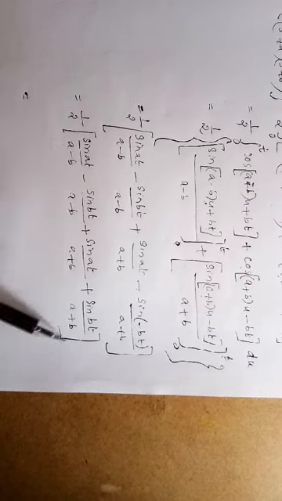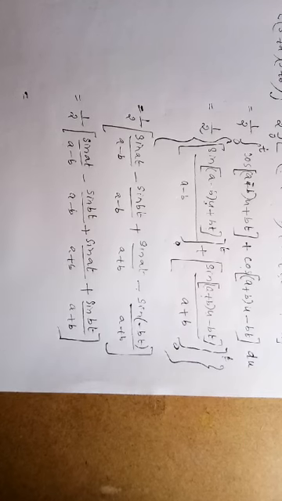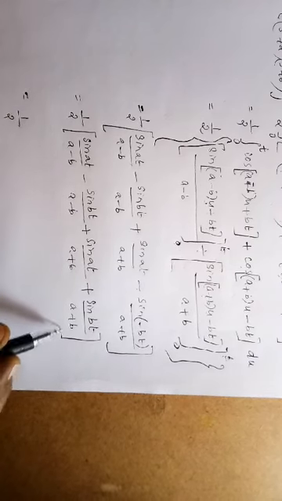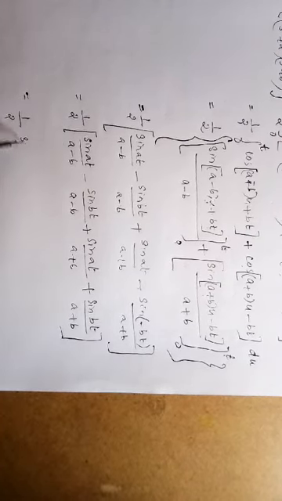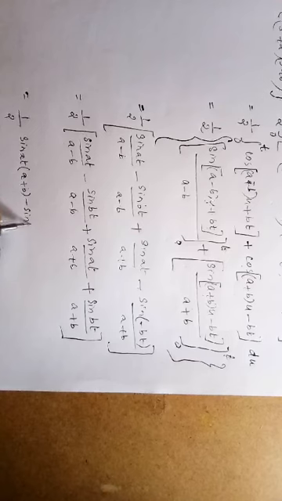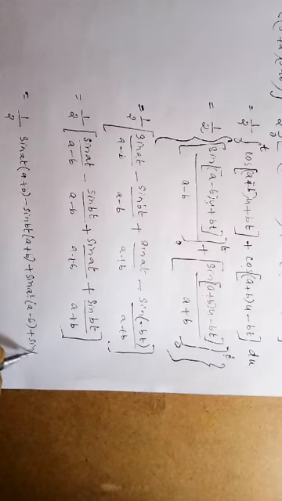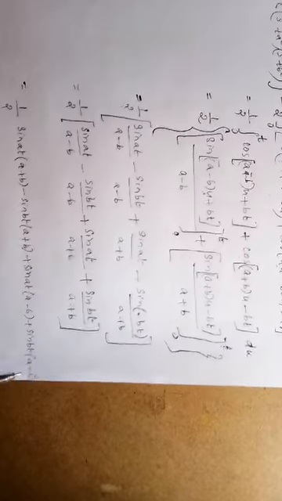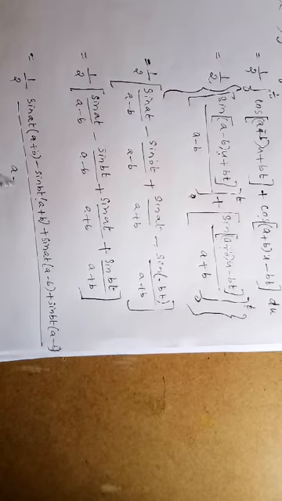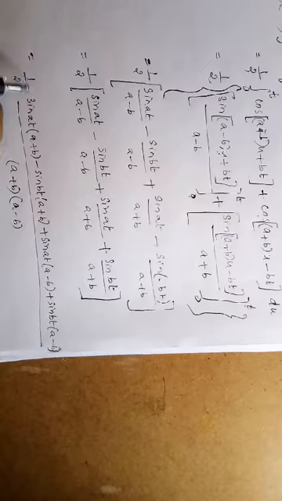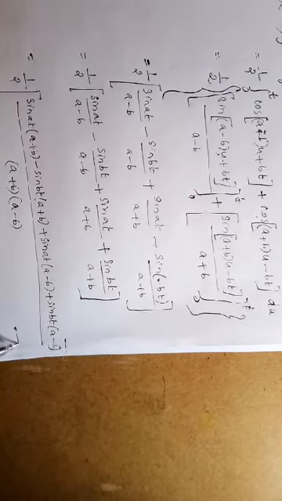The LCM is a minus b into a plus b, and a plus b into a minus b gives a squared minus b squared. Multiplying with this LCM throughout, we get sin at into a plus b, minus sin bt into a plus b, plus sin at into a minus b, plus sin bt into a minus b, divided by the product a plus b into a minus b. Taking LCM and simplifying these results.